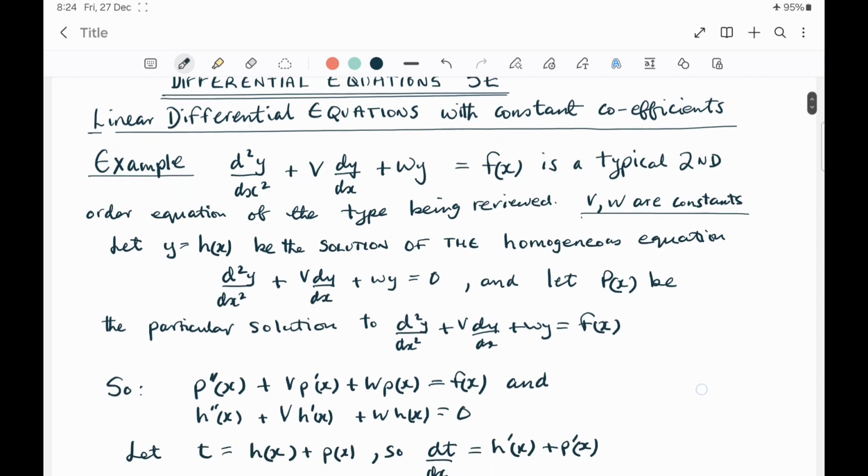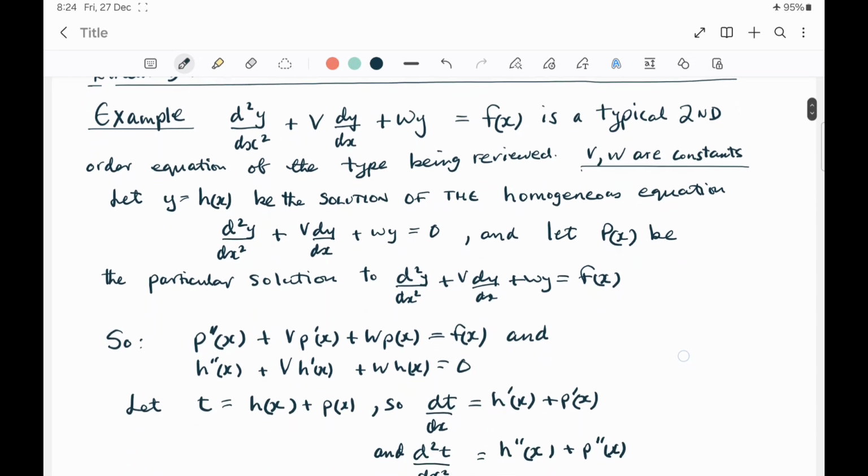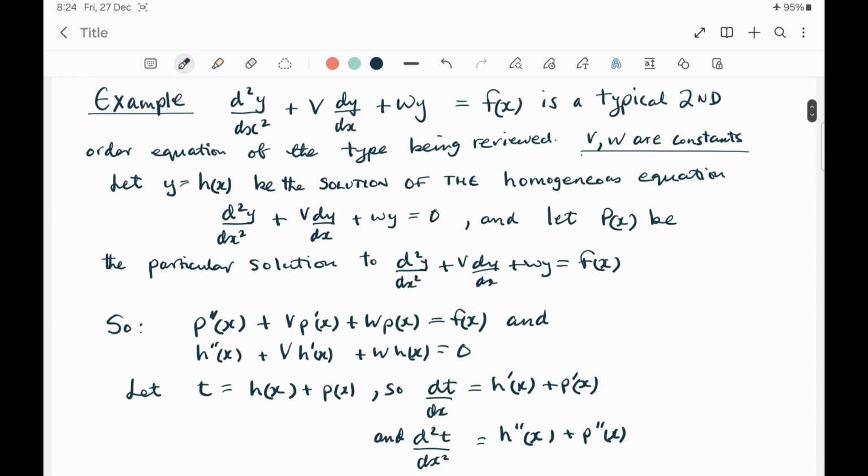So, just differentiating, we'll find then that the second differential of p plus v times the first differential of p plus w times p is f(x). That's just by the definitions we've just given.